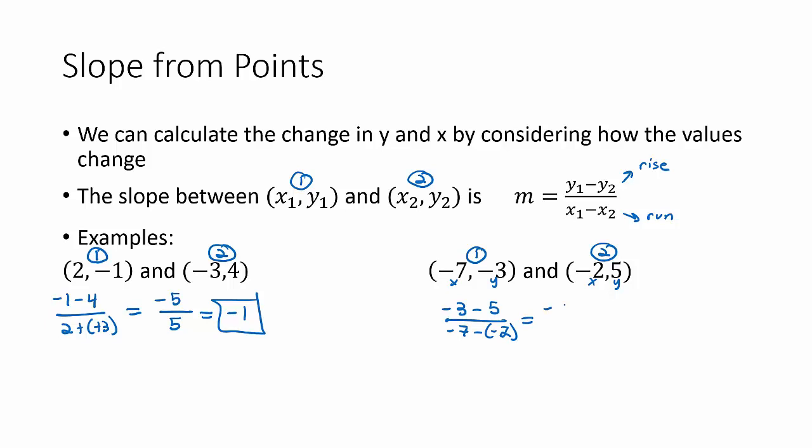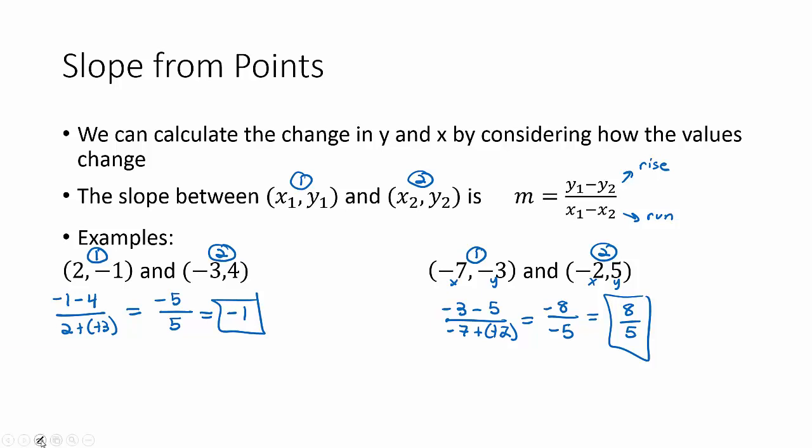Well, 3 minus 5 is -2, and if we add the opposite, -7 plus 2 is -5. Well, 2 negatives make a positive, so this slope is 2/5. This line's going uphill because we have a positive slope.